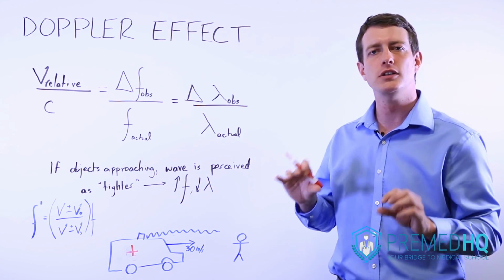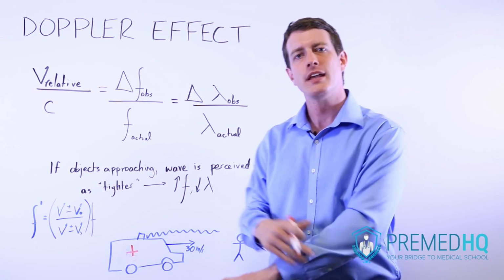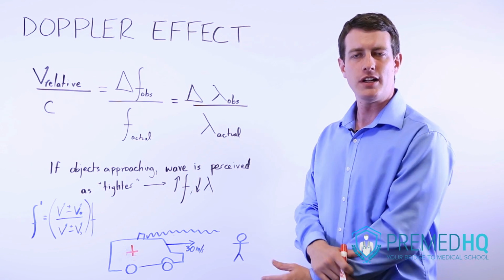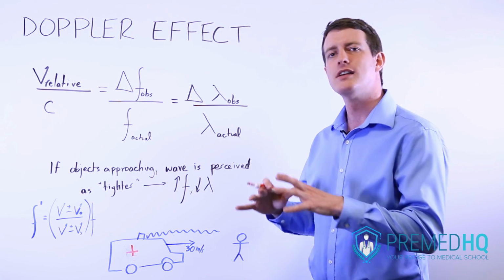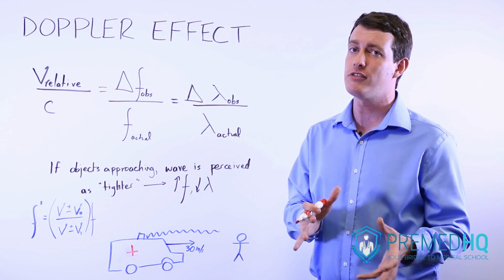And the moving vehicle adds that 30 to the 343. And what that does is increase the speed of the sound wave by 10%. It was once a 340 meter per second wave, and now it's 370.